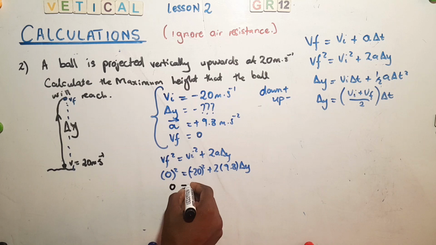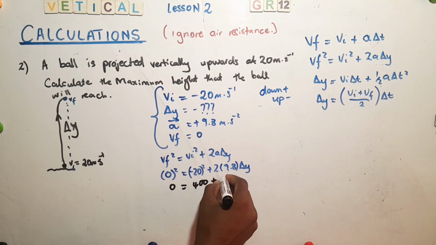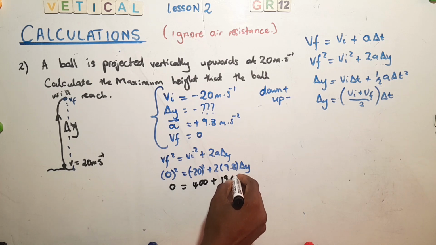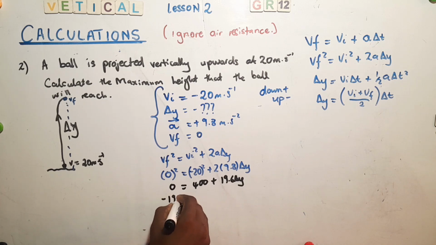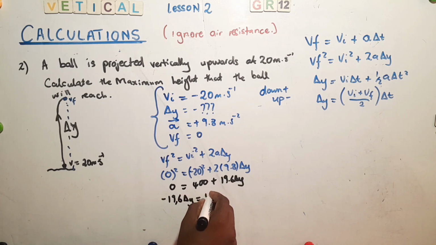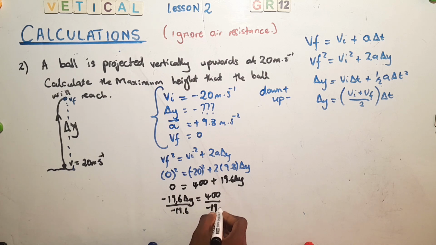So 0 will be equal to 400 plus 19.6 change in y. So we can take this side, so negative 19.6 change in y will become equal to 400. And you can divide both sides by negative 19.6.